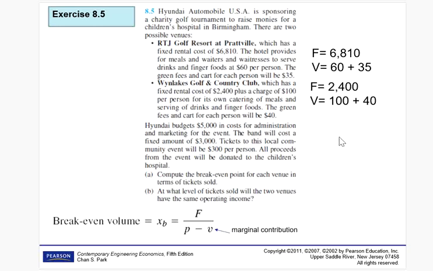So this is F and V for this venue. Now Hyundai budgets 5,000 in cost for administration. This is another fixed cost, right? Let me pull it down.